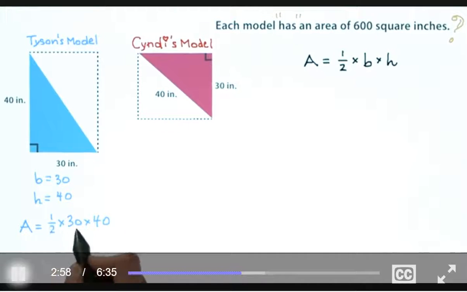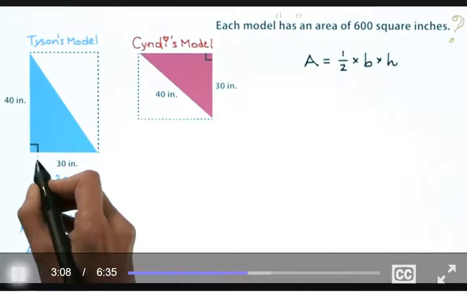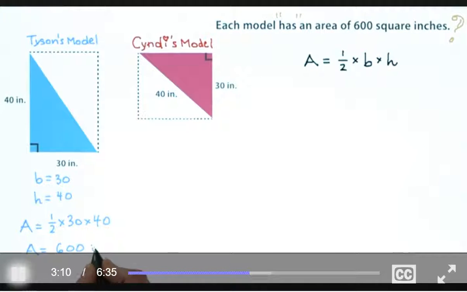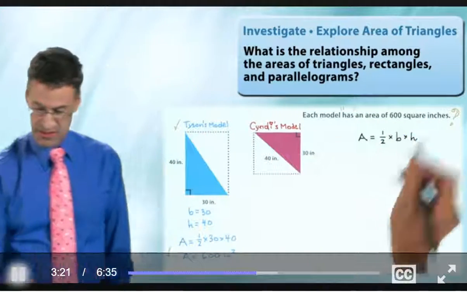So what is that? Well, 1/2 times 30 is 15, and 15 times 40 is equal to 600. Ha! 600, and the units are inches multiplied by inches, which we can write as inches squared. So this looks good. I'm liking this. This is a check. Bing! We get 600 square inches.